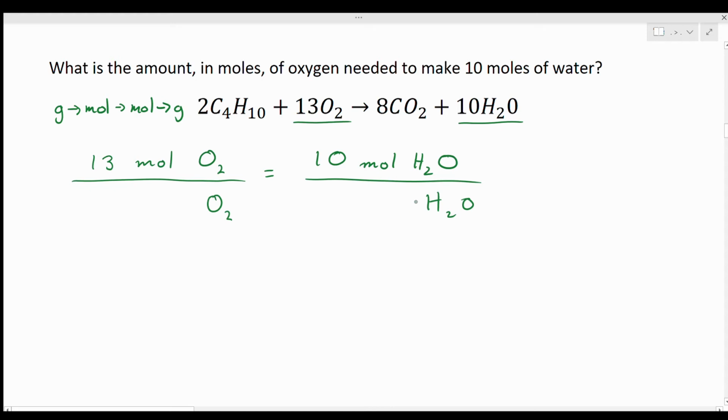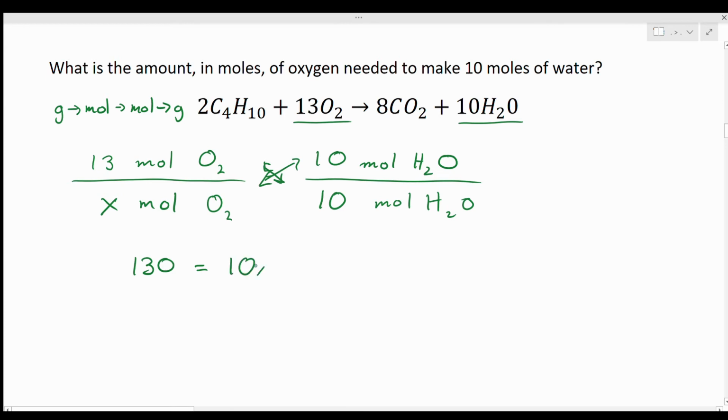Now we deal with what the question is talking about. Here it says, what is the amount in moles of oxygen? So it's asking for moles of oxygen, which is the unknown, so we can represent the unknown by just writing x. And then it's to make 10 moles of water. So we know that 10 here is the other part. And then we just cross multiply. So here we have 13 times 10, which is 130, will equal 10 times x.